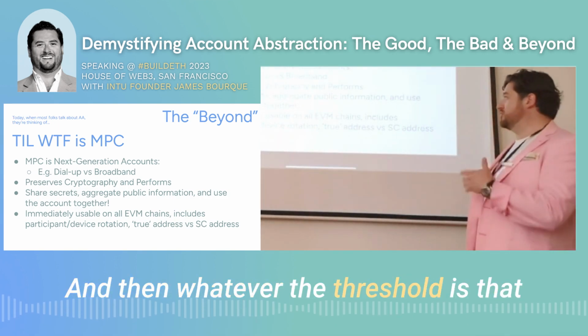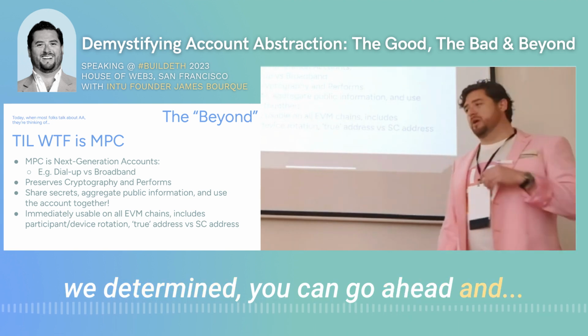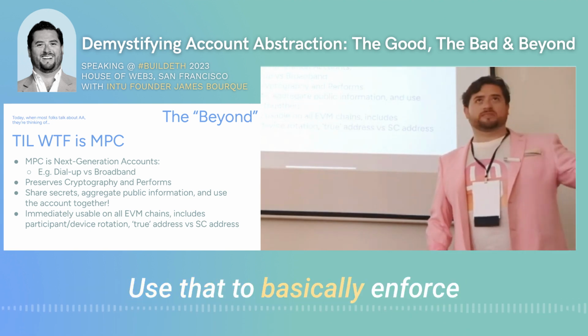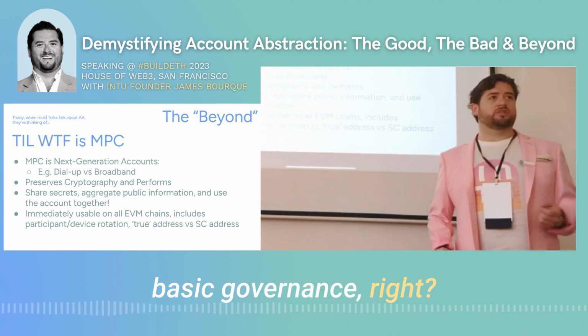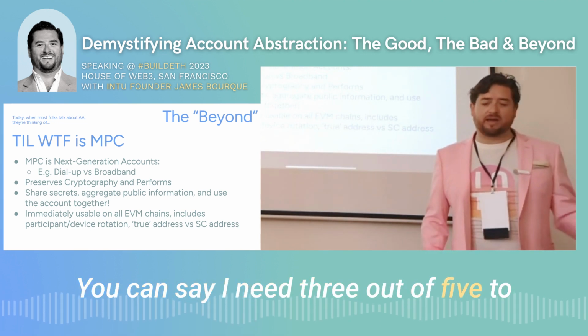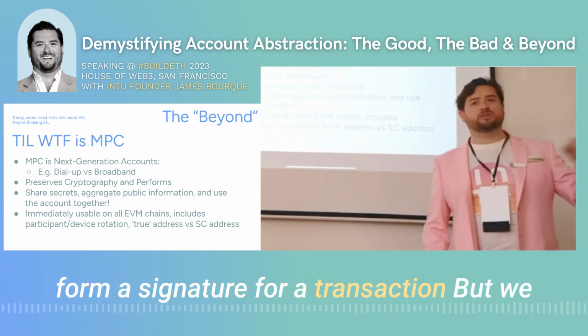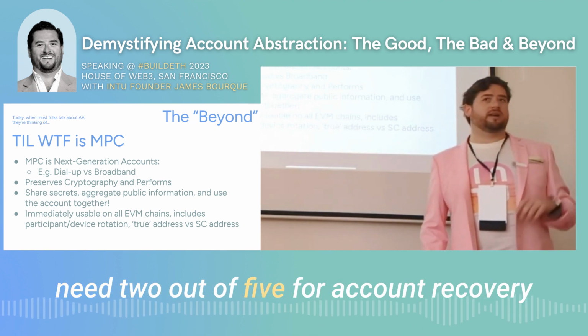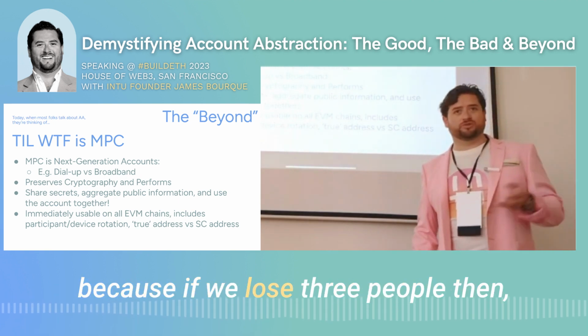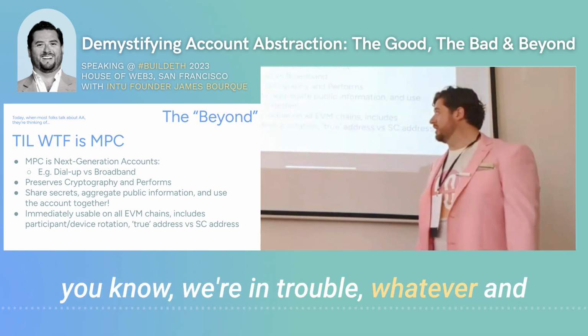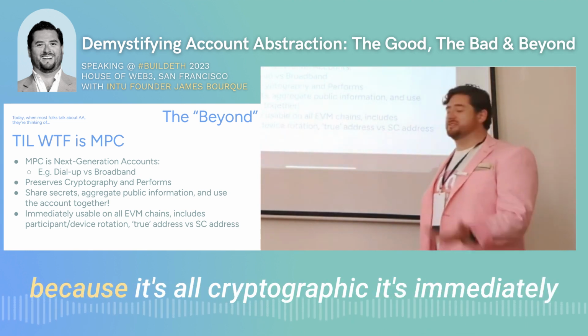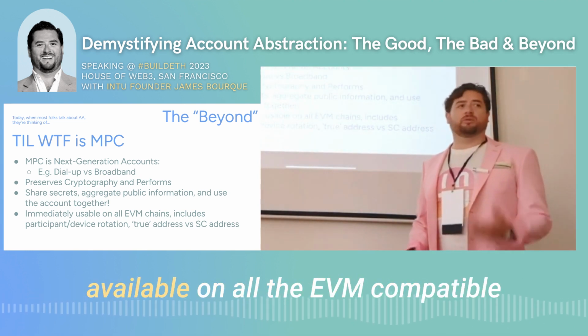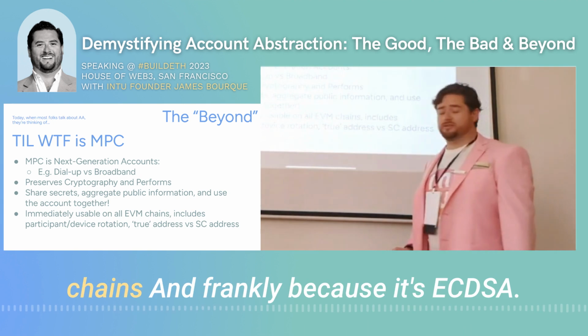And then whatever the threshold is that we determined, you can use that to basically enforce basic governance, right? You can say, I need 3 out of 5 to form a signature for a transaction, but we need 2 out of 5 for account recovery, because if we lose 3 people, then we're in trouble, whatever. And because it's all cryptographic, it's immediately available on all the EVM compatible chains.